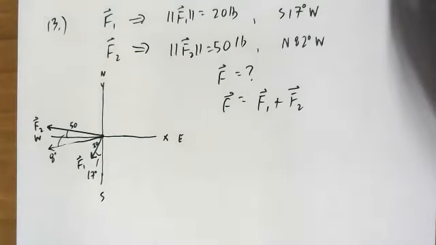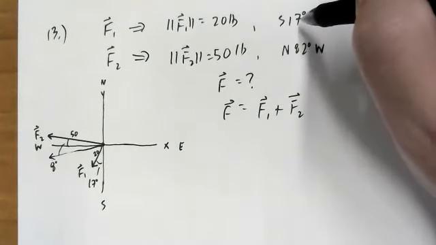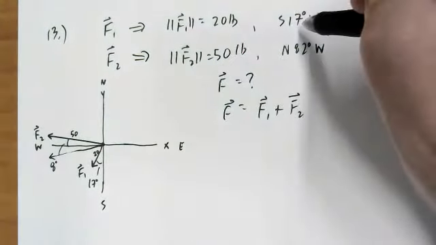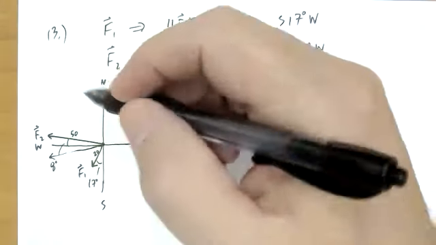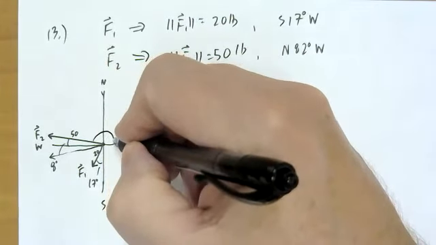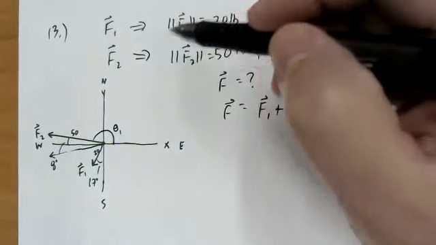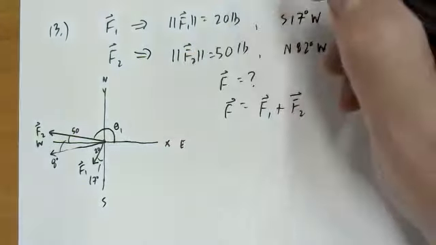But let me do this. One of the first issues is we have compass directions, but in order to start working on this problem, I need to know the actual angle theta from the x-axis. So here is my actual angle for force 1. Hopefully you can see from here to here is 82 degrees.